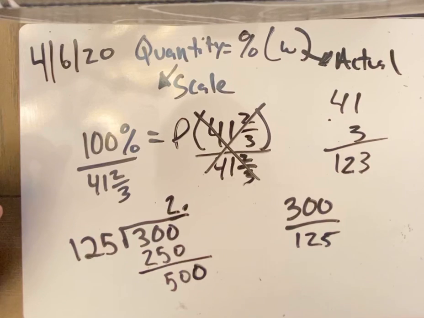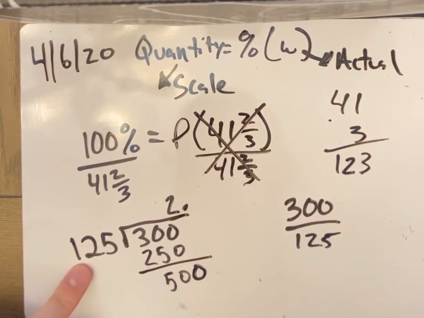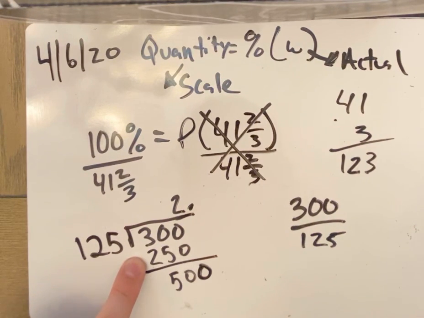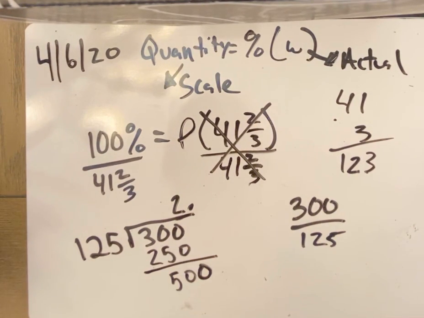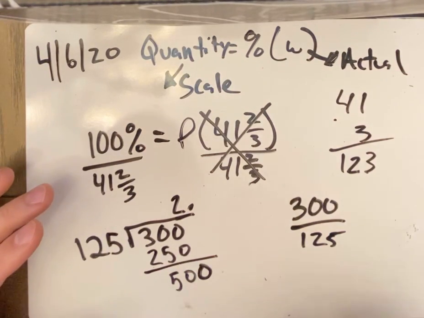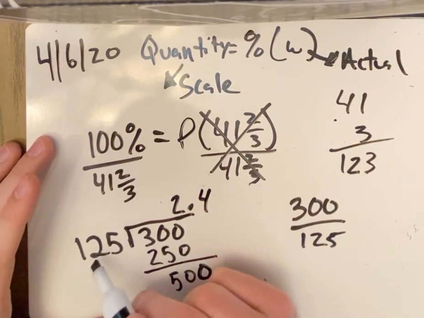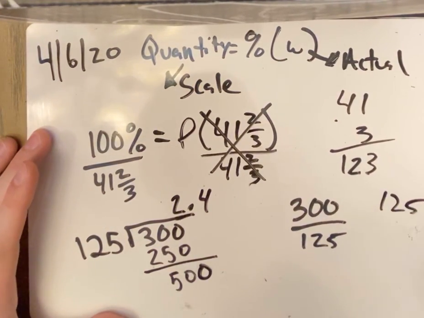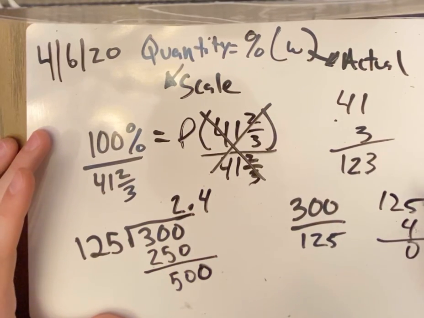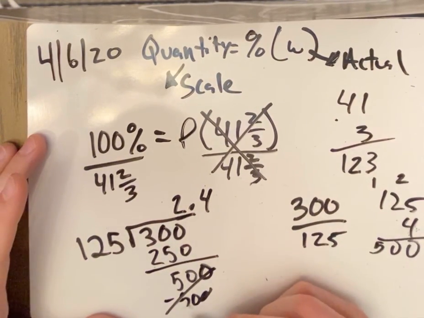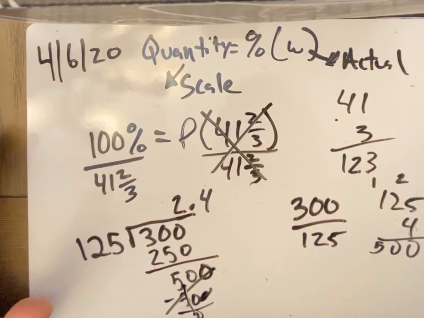If I know that 125 goes into 300 2 times with 250, what's doubling 250? That is 500. So if I double 2, I get 4. Let me just check if this is correct. 4 times 125 is 500. Boom. So we got 2.4.